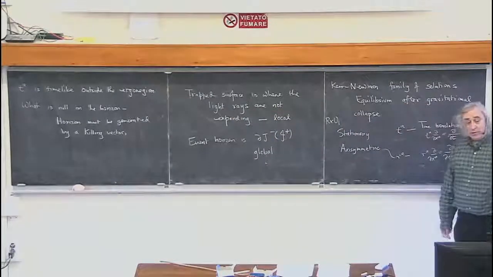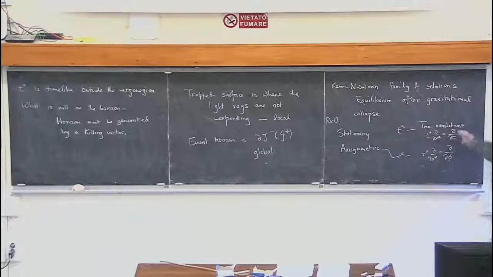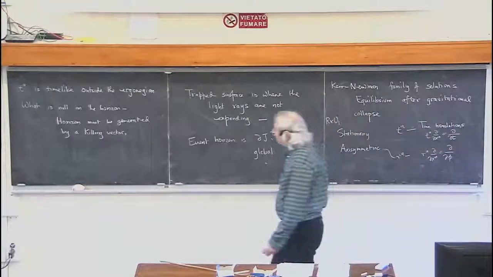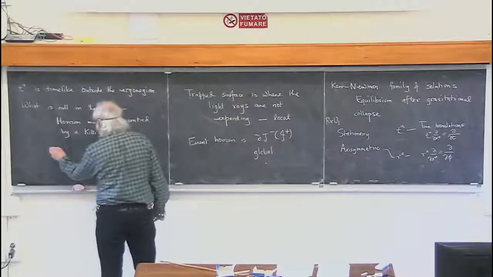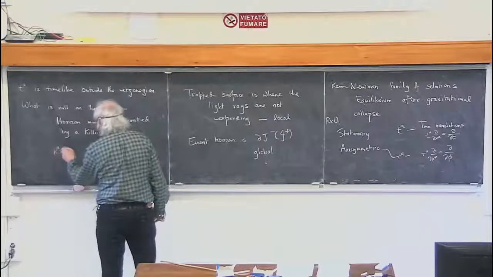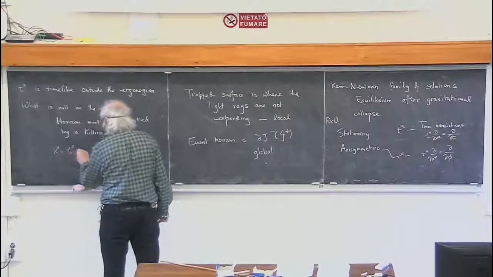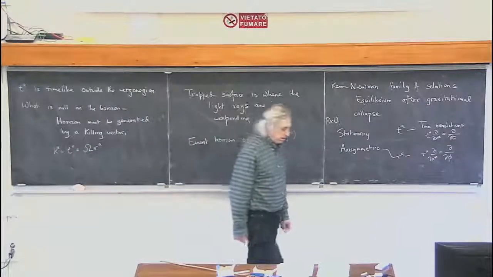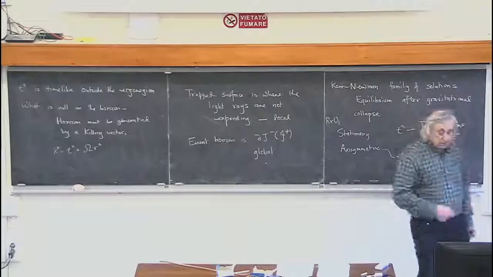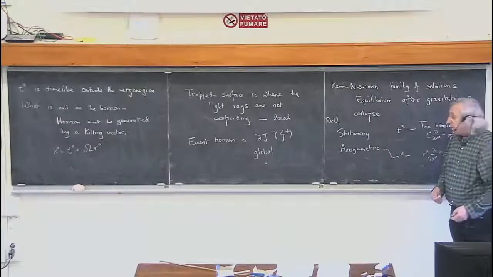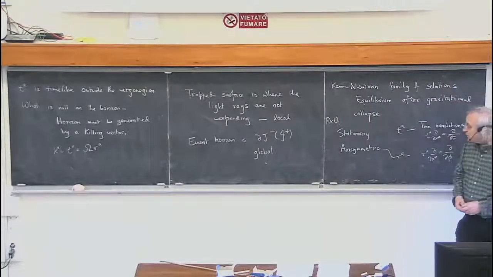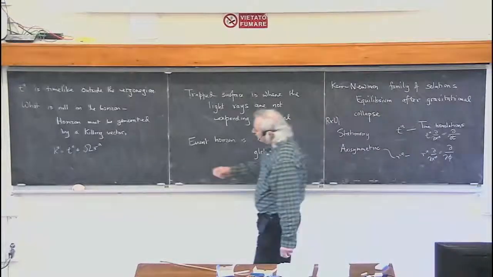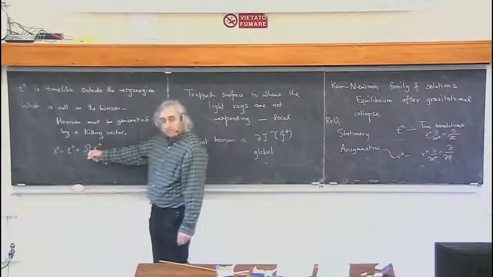So, since there are only two Killing vectors involved, it must be some linear combination of these two, and we'll call this object K^a. If we want this thing to be null on the horizon, that defines this quantity here, omega.